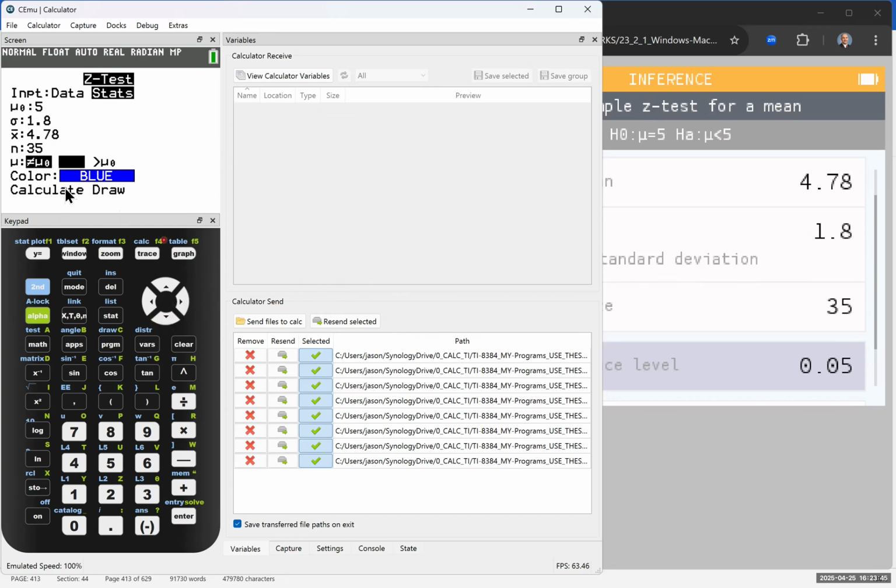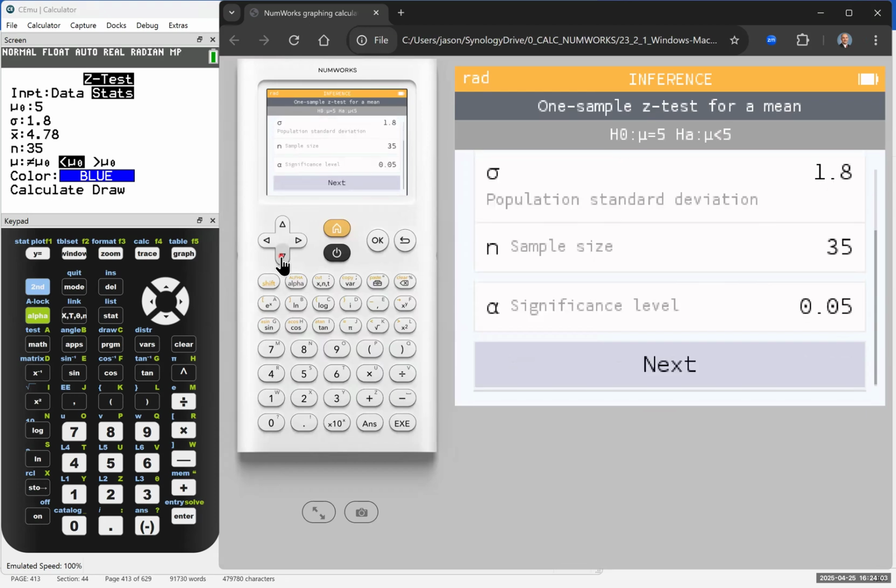And our alternate hypothesis is less than 5. So, here it said mu naught is 5, so less than 5, okay? And let me see, I'll leave it at calculate for now. Let me come back over to NumWorks, scroll down, and click next.